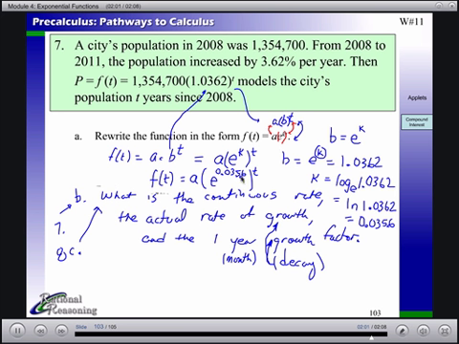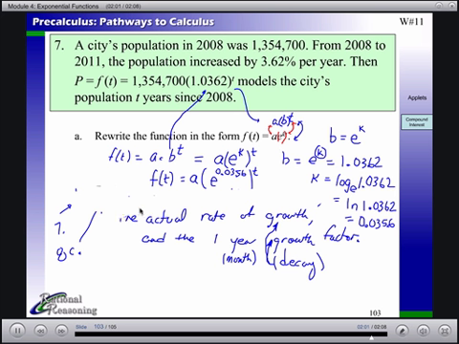That's the continuous rate. The continuous rate is that exponent of e. When you put it in the function, it's a decimal form. When you say it, you often will say it as a percent, okay? So as a percent, the continuous rate is 3.56%.